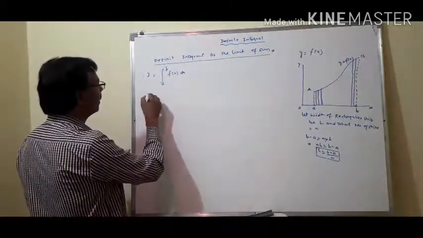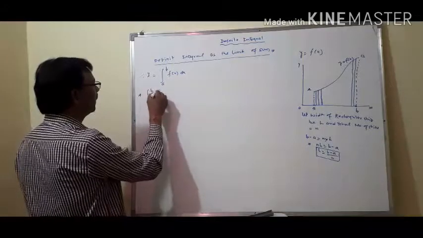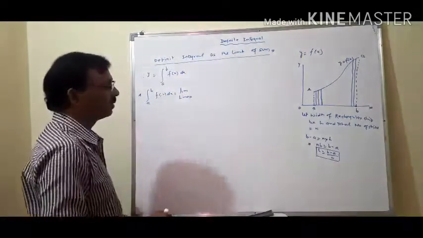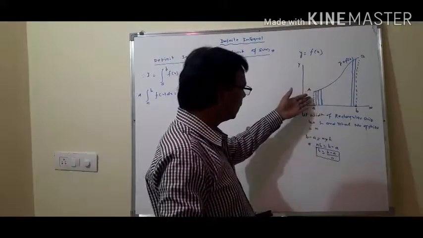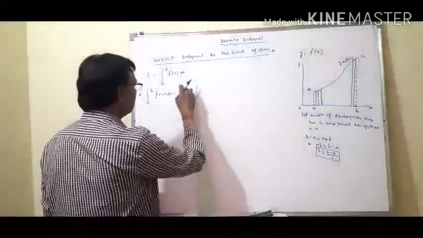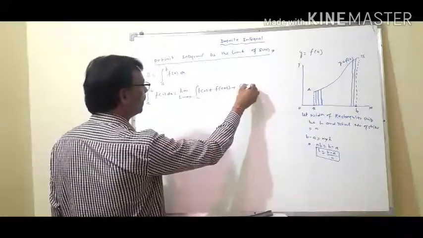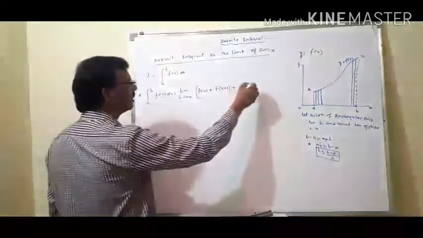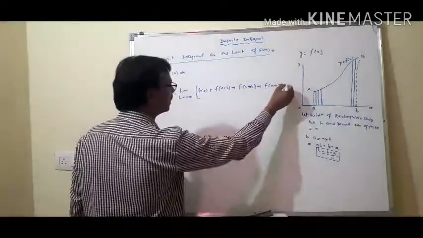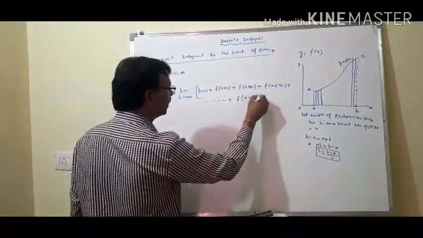So the integral from a to b of f of x dx equals the limit as h tends to 0, meaning the width of each strip tends to 0, of h times f of a plus f of a plus h plus f of a plus 2h plus f of a plus 3h plus and so on, plus f of a plus n minus 1 into h.